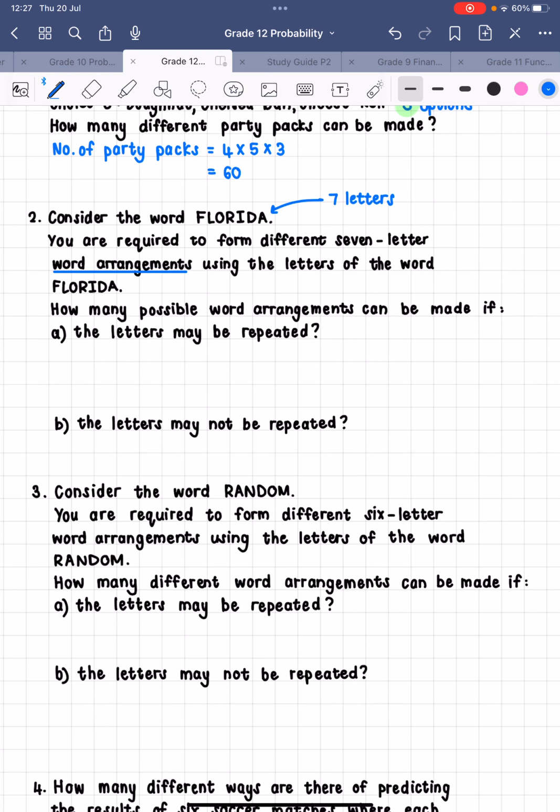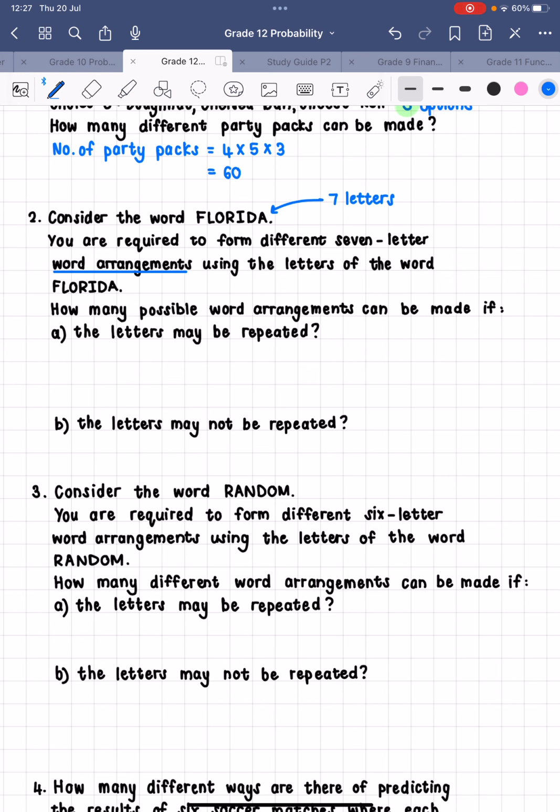No, but it's a letter arrangement. Okay, so we're not going to actually count the number of words specifically. We are just going to think, if we have these letters of Florida, how many different letter arrangements can we get if we mix all those letters together?